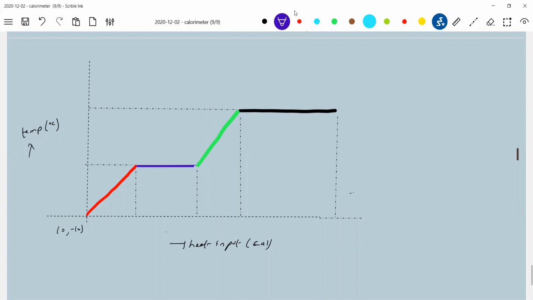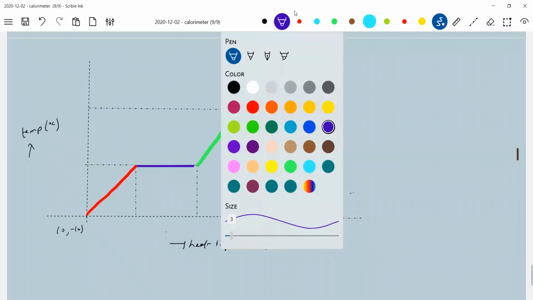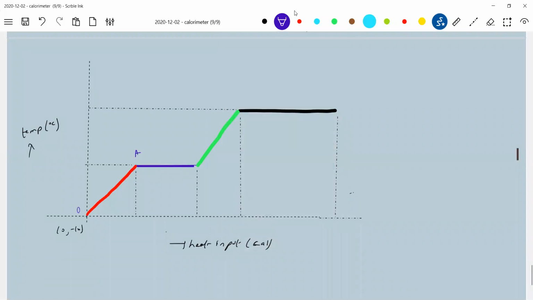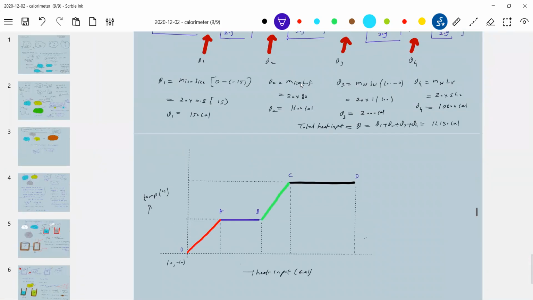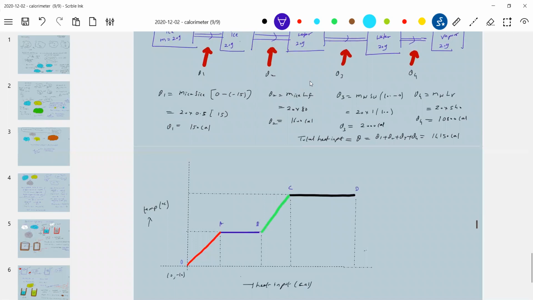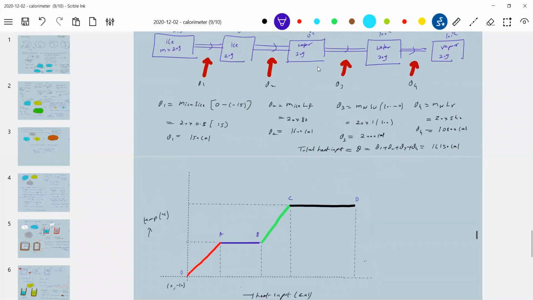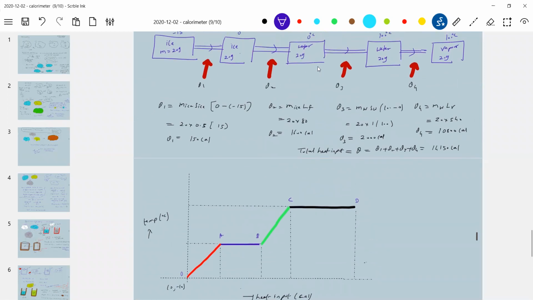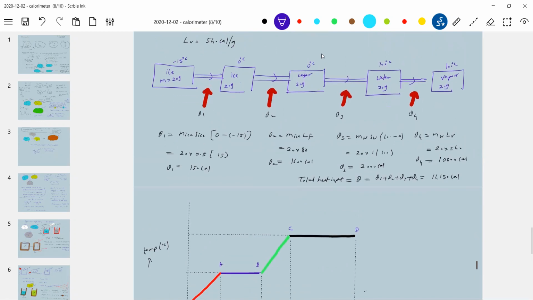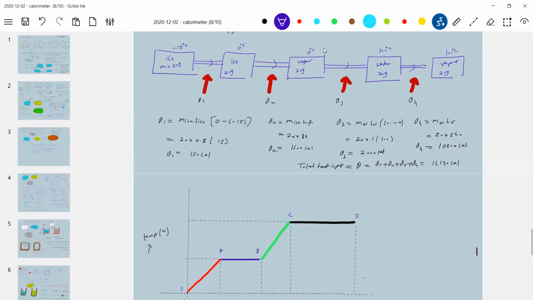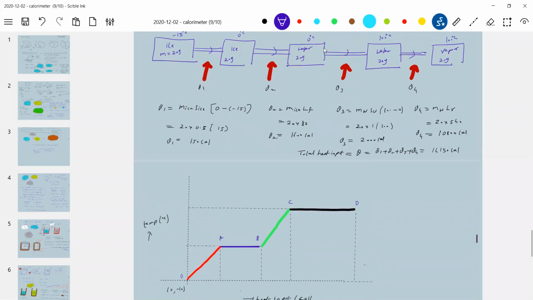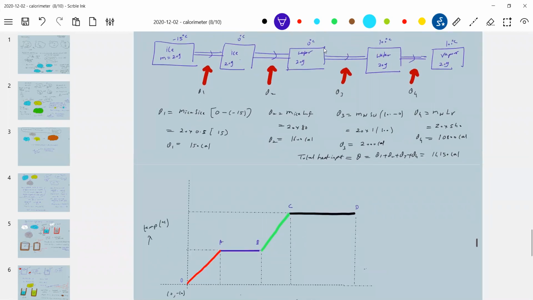So first I'll start with this: O, A, B, C, D. This is for the above sequence. This is the heat input.